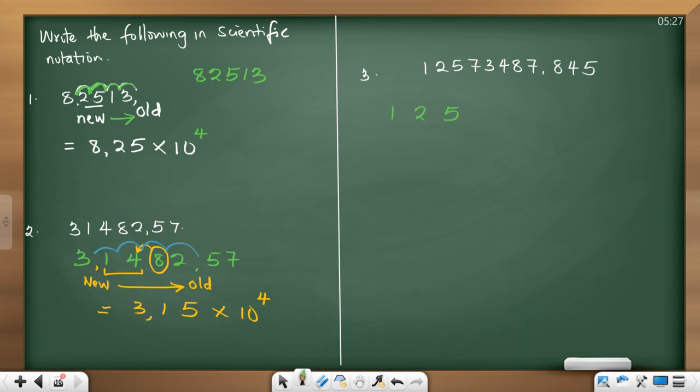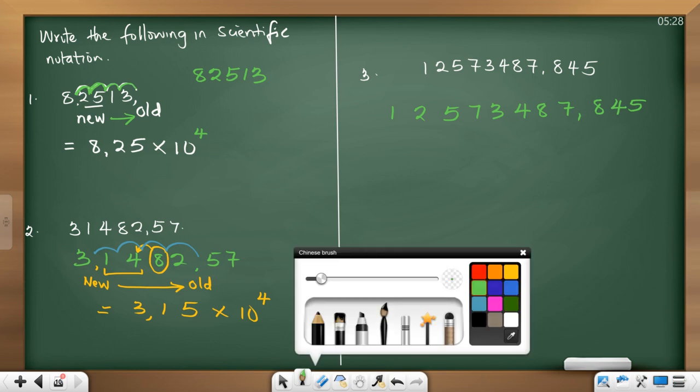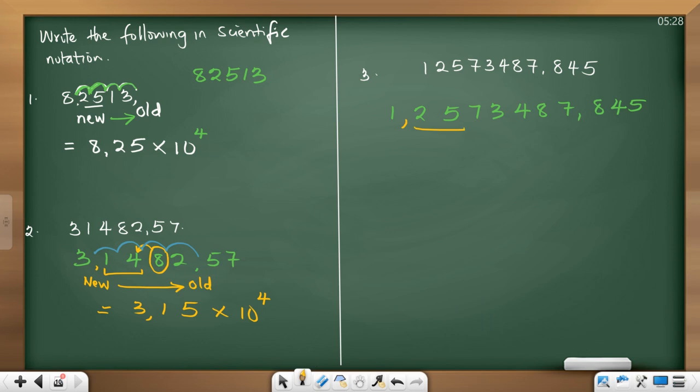Beautiful. 1, 2, 5, 7, 3, 4, 8, 7, 8, 4, 5. 2 decimal places, remember? So 1 comma before the decimal, and I'm looking at 25. But please check the number after the 5. It's a 7. Oh, greater than 4. We change it to 1 and add.